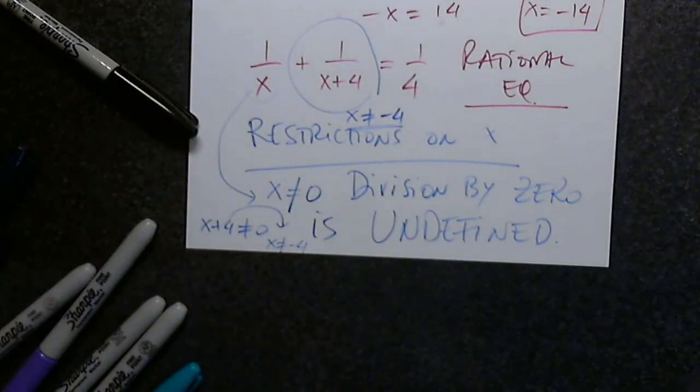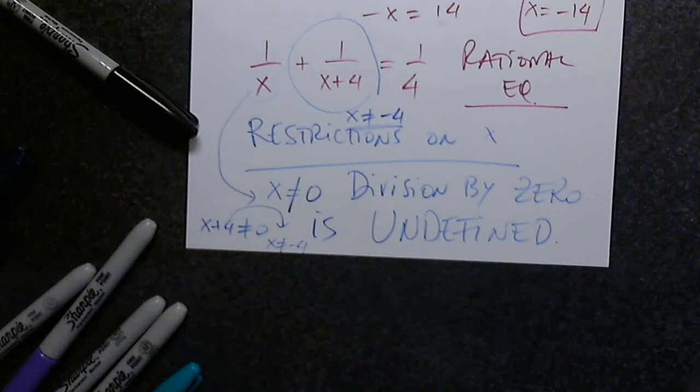So what does this mean? It means that when I finish solving this equation, if the solution or solutions I get happen to be 0 or -4, what would you say about the equation? If I don't have anything else, but I have solution 0 or solution -4 or both, what would you say about this equation? The equation has no solutions.